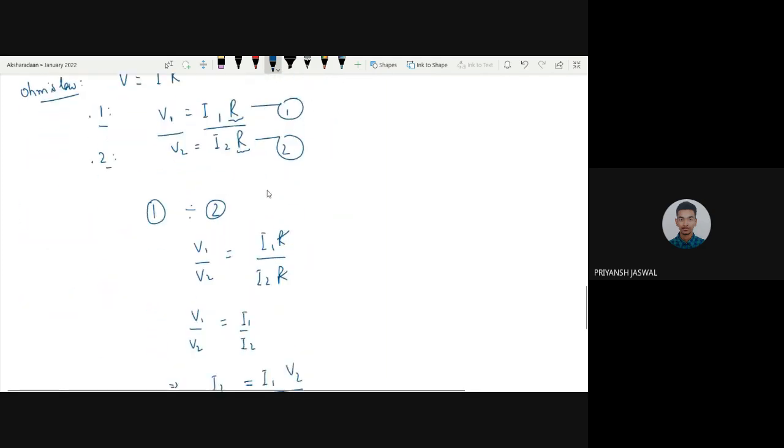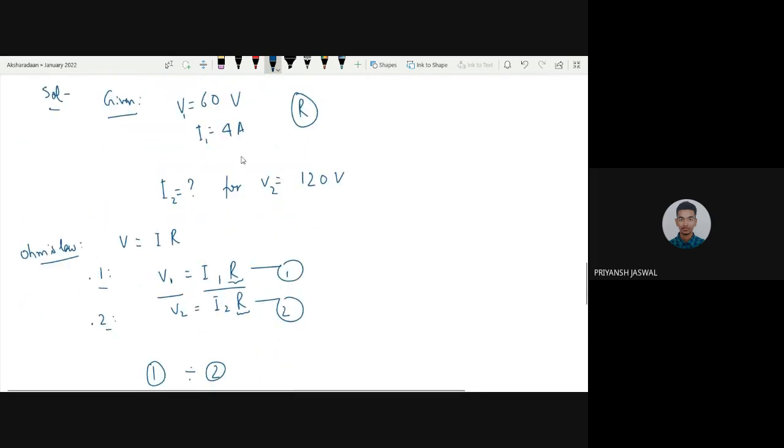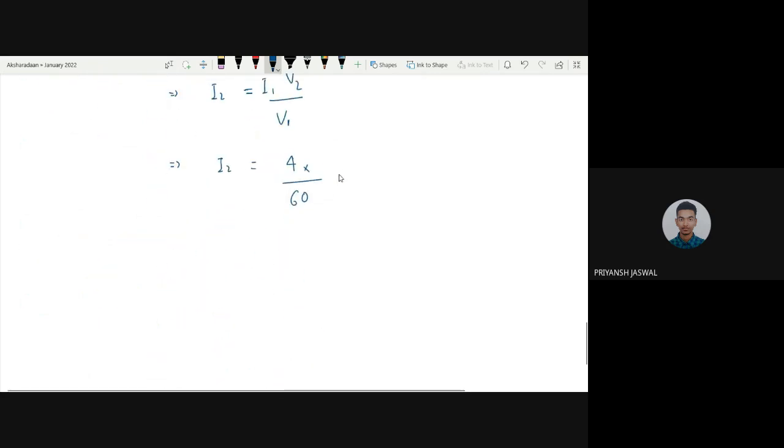V1 is 60 volt, I1 is 4 ampere. And V2 is also given, that is 120 volt. And I2 comes out to be 8 ampere.